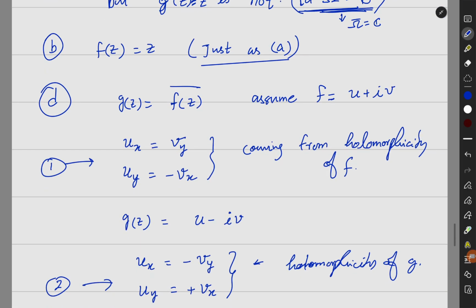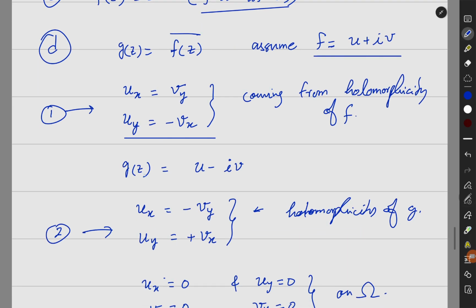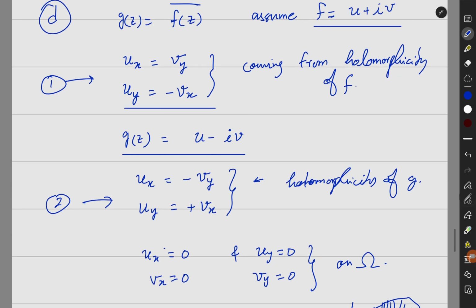The proof is quite basic, I think. When f is written as u plus iv and it is holomorphic, we get this Cauchy-Riemann equation, and g is written as u minus iv, and because g is holomorphic, we get again from the Cauchy-Riemann equation something like this.